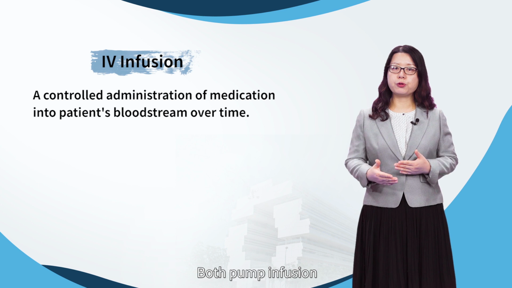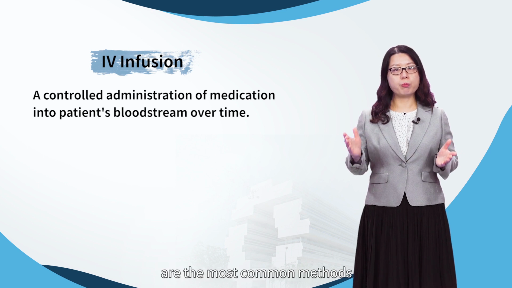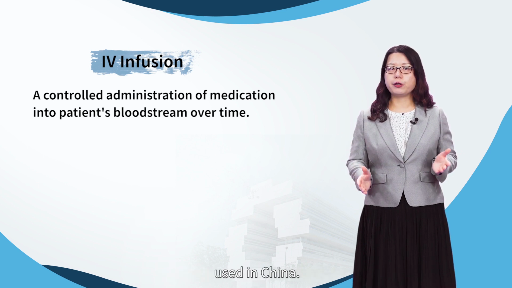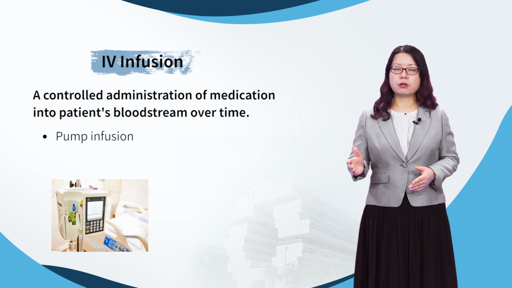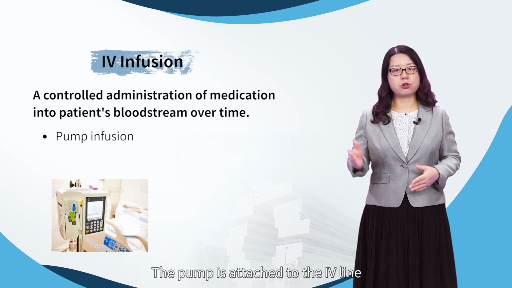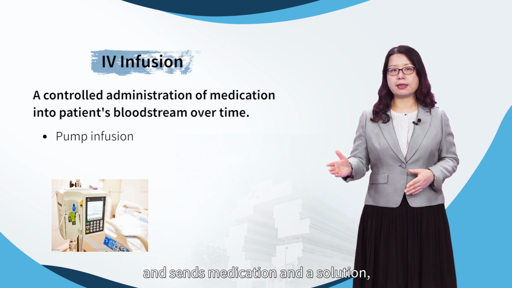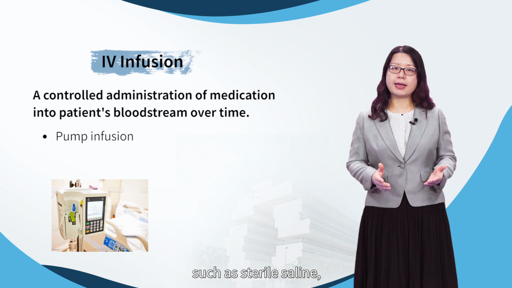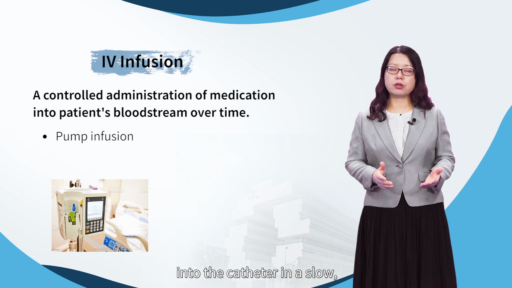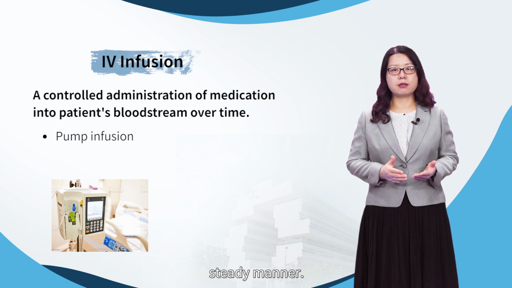Both pump infusion and drip infusion are the most common methods used in China. Pump infusion. The pump is attached to the IV line and sends medication and a solution, such as sterile saline, into the catheter in a slow, steady manner.